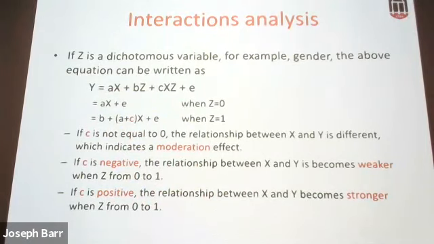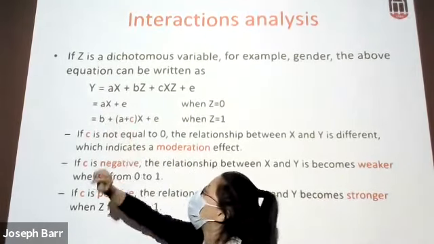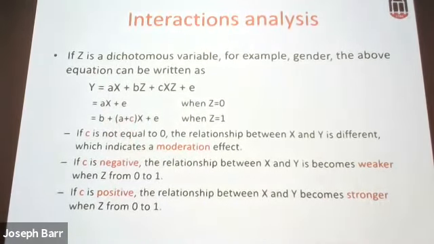But when C is positive, then we add something on top of A. So this is stronger than the original X. So the relationship between X and Y becomes stronger when Z increases by 1 unit. That's it. This is our interaction analysis, but people call it the moderation analysis. Nothing fancy. If you took the regression course, we have already covered this part, the interaction term.